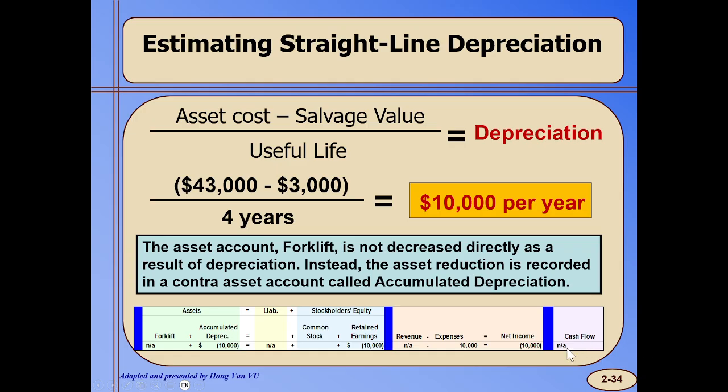Recall that the cash outflow occurs at the time the asset was purchased. There is no cash flow when the expense is recognized. So in this transaction, you can see another new asset account we call accumulated depreciation. This is a contra asset account. It means that when this account increases, it decreases the asset account.